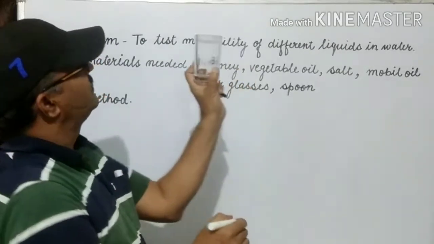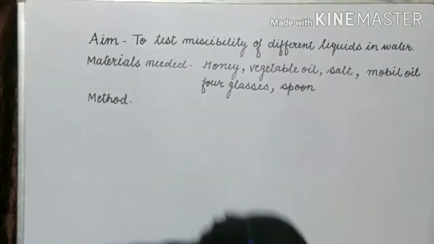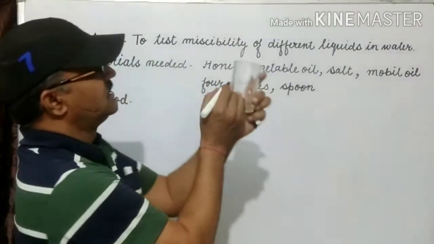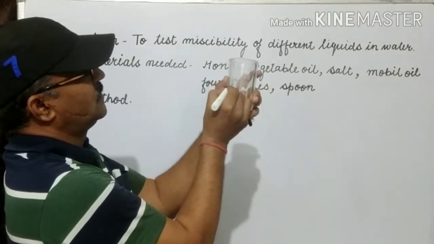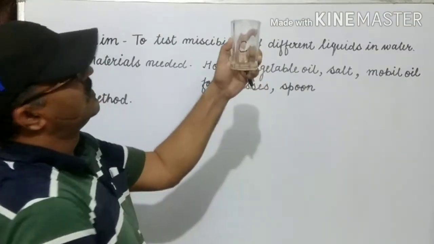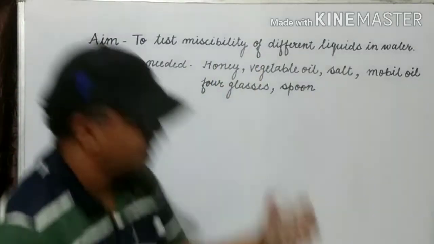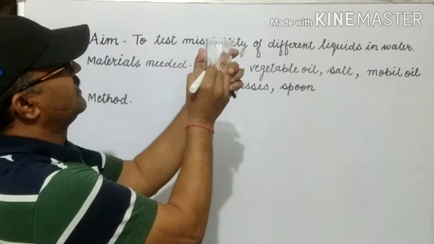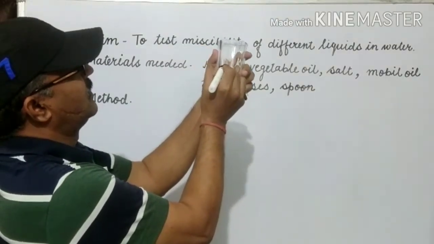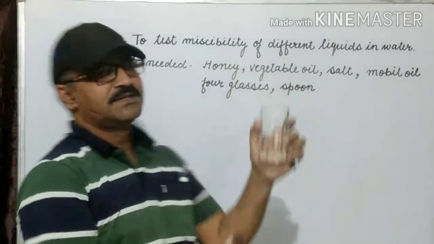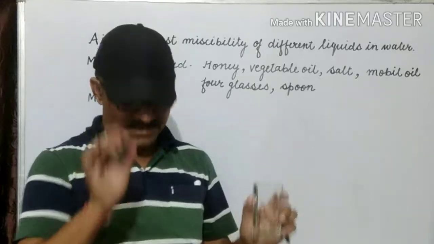From this side you can see, this is B. This is C. Next, D. I mark 4 glasses as A, B, C, D.